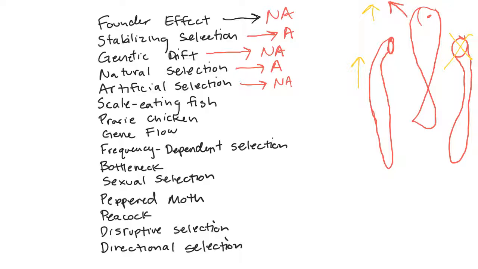But then it'll go the other way. If you have too many of these, then the fish that turn to the right are going to do better. And so it kind of goes back and forth, and they stabilize each other depending on what's in the environment. Sounds adaptive to me. Sounds pretty adaptive. Yes, adaptive, good.